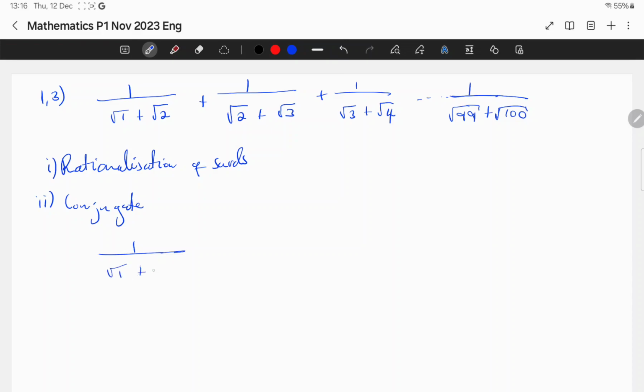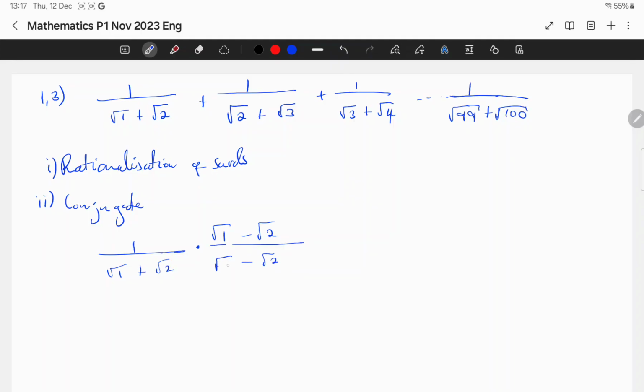So we have 1 over root 1 plus root 2. If we multiply this by the conjugate and rationalize it, we have root 1 minus root 2 over root 1 minus root 2. And note, we're not changing the expression.